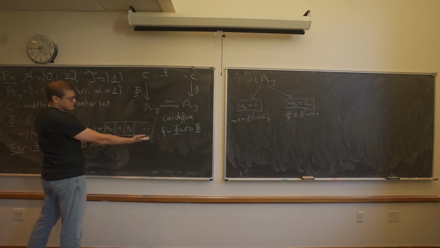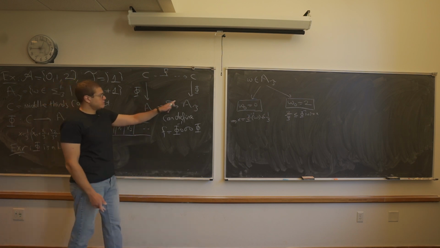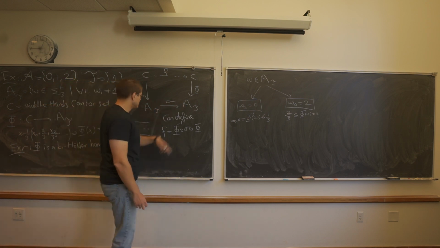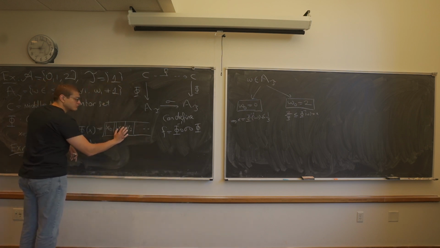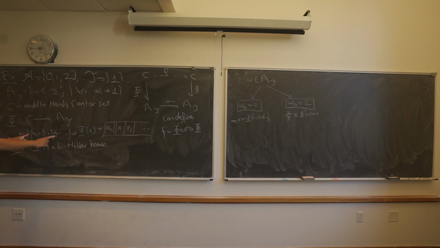I have here a sequence. If I were to apply phi to it, that corresponds to getting rid of the 0th entry. And now the new 0th entry is this guy, and then this is the new first entry and so on. This really corresponds to multiplying this by 3.